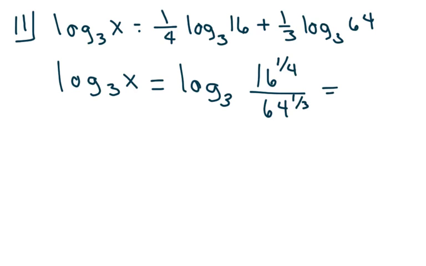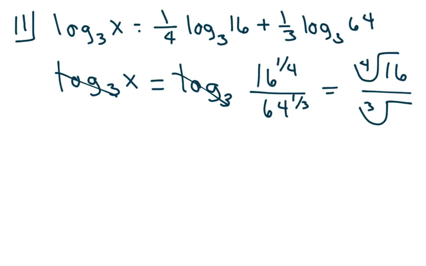Now remember, so basically we have crossed that out. The 16 to the 1/4 is the 4th root of 16. And 64 to the 1/3 is really the cube root of 64. So basically we have x equals 2 over 4, right? Oh, this is times, isn't it? Sorry, this is times.